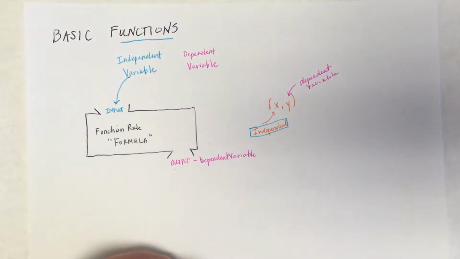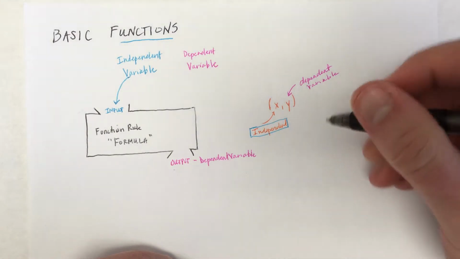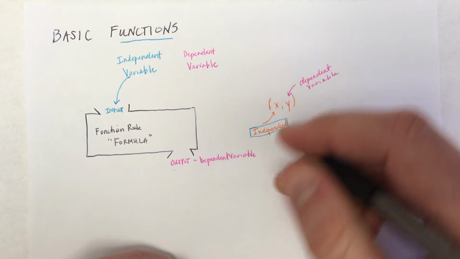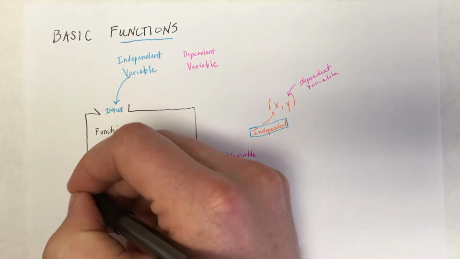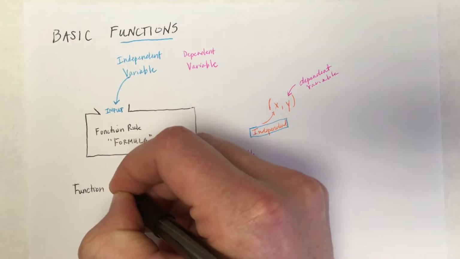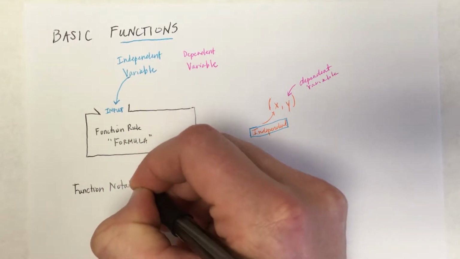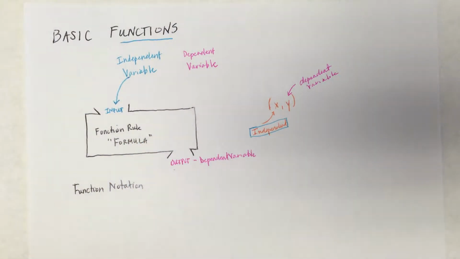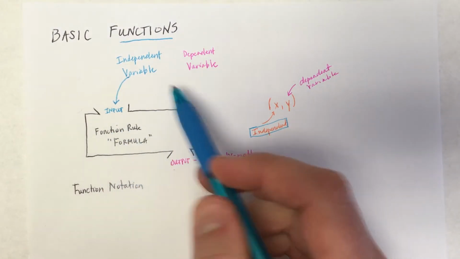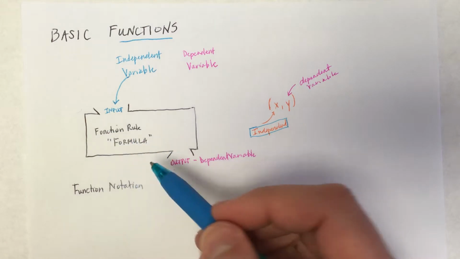Now, these are not the only ways that you begin to see that. The other way that's very, very common is function notation. Okay, so function notation. And what it does is it really gives you this feel for a rule.